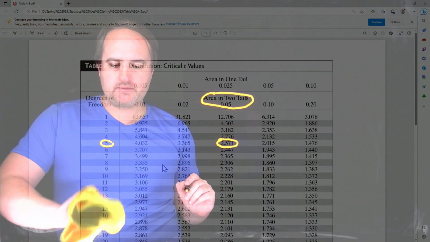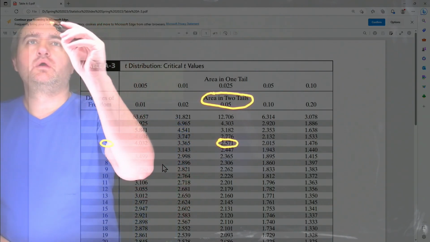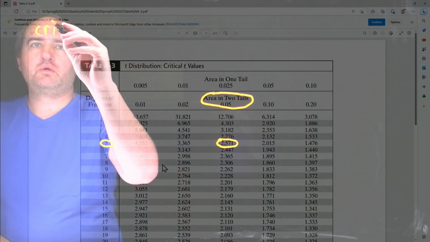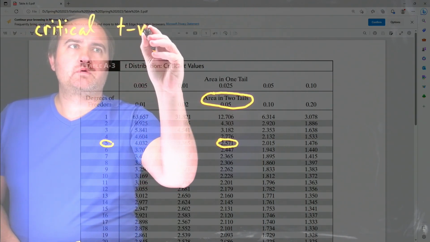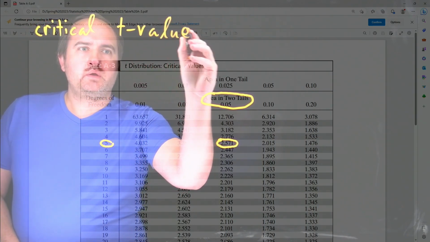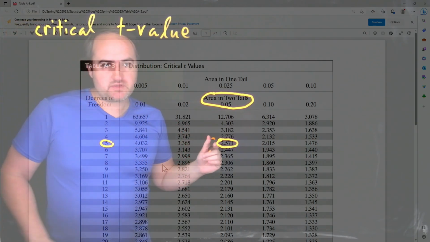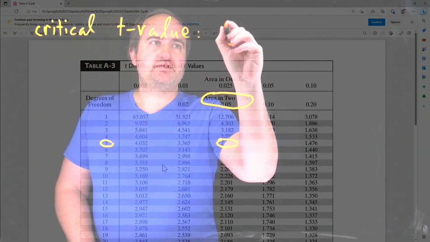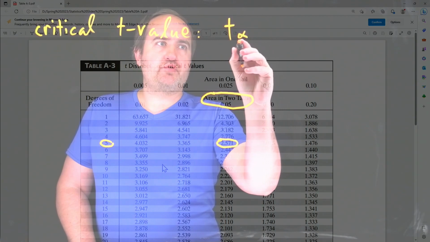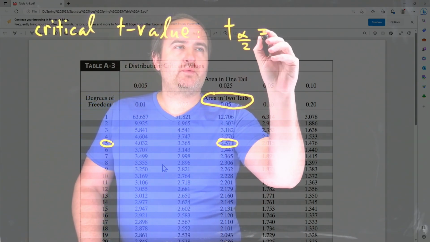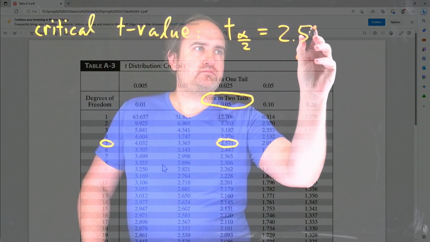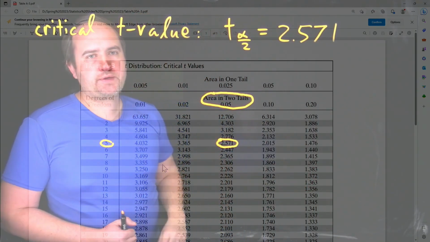Let me write it up high so we can actually read what I'm writing. Your critical value or critical t value is something we always have to calculate in these problems. It's the same as t sub alpha over 2, and that's this 2.571 that we just looked up. Okay?